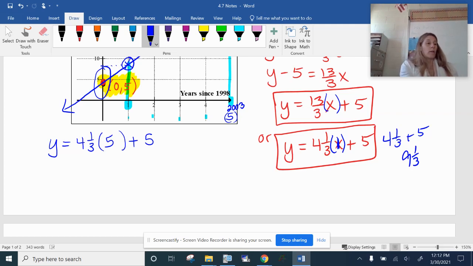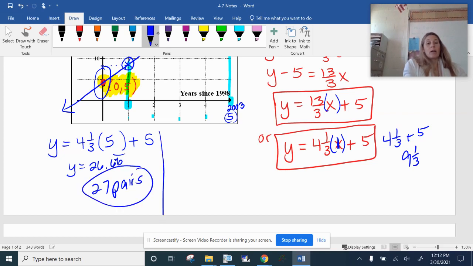Now 4 1/3 times 5 plus 5 is going to give me an answer of 26.66, I believe. So again, we can't have a decimal, so I'm going to estimate that it would be 27 pairs. And this would be for 2003.